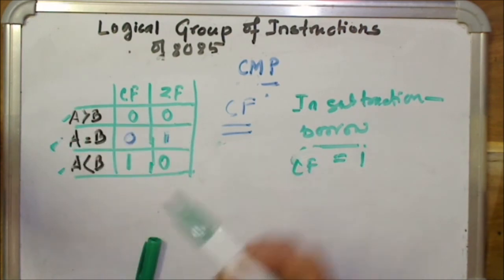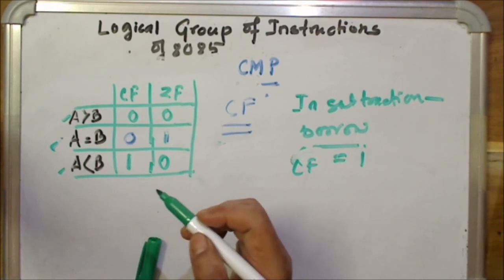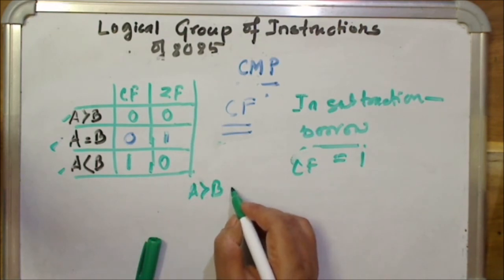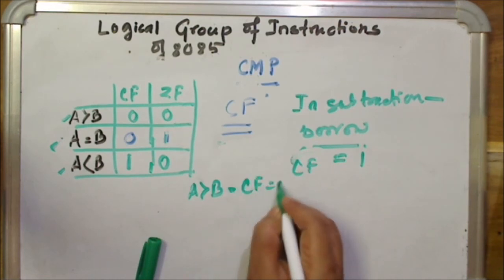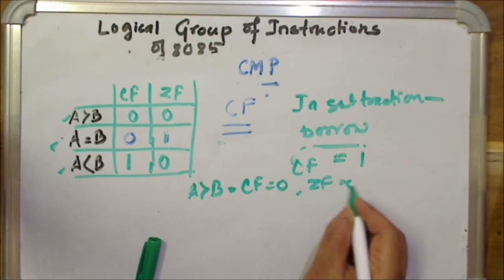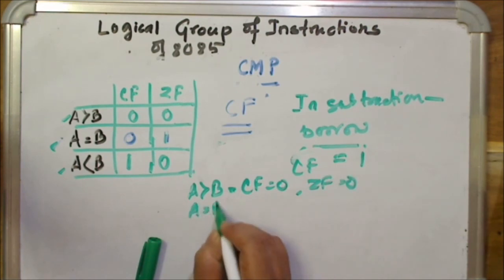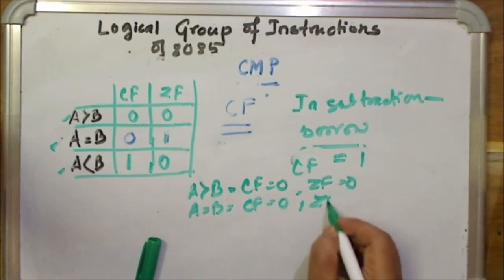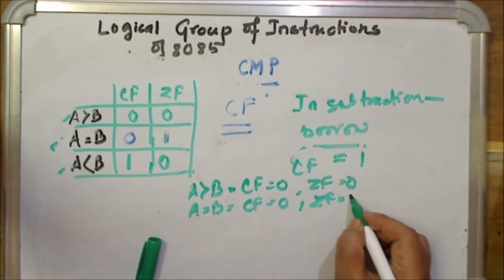So these are the three conditions. Let me revise. When A is greater than B, your carry flag is 0 and zero flag is 0. If A is equal to B, your carry flag is 0 and zero flag is 1.